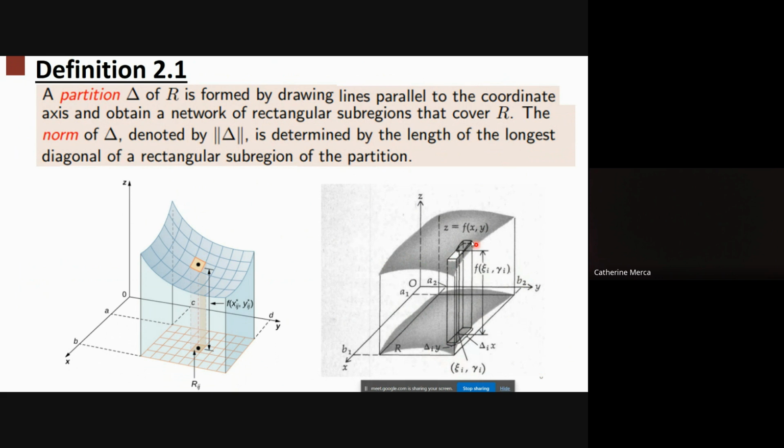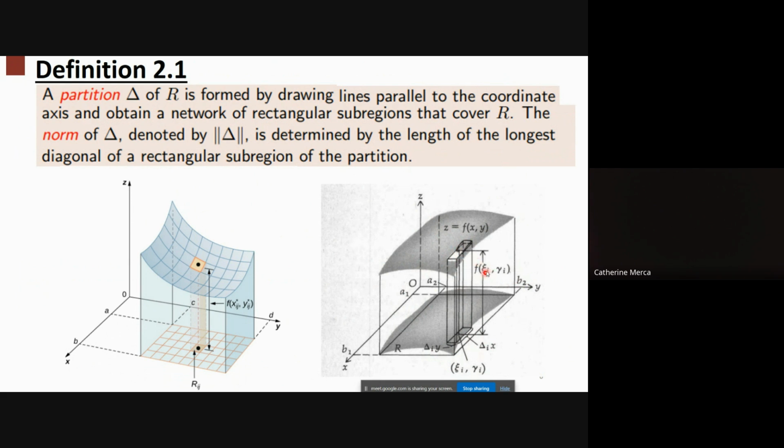So this is the function z equals f of x, y. For this subinterval we have delta sub i x and delta sub i y here, and this is your z equals f of x, y from here to here.